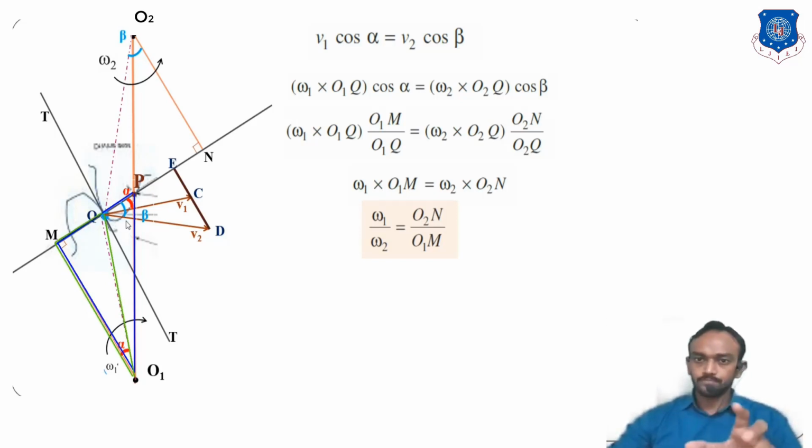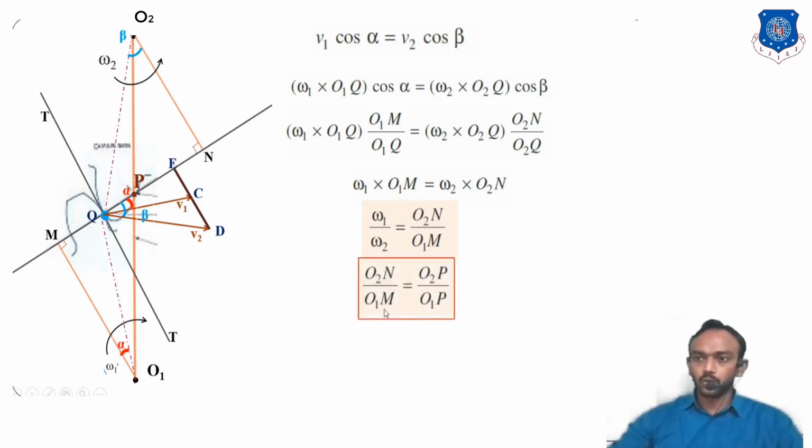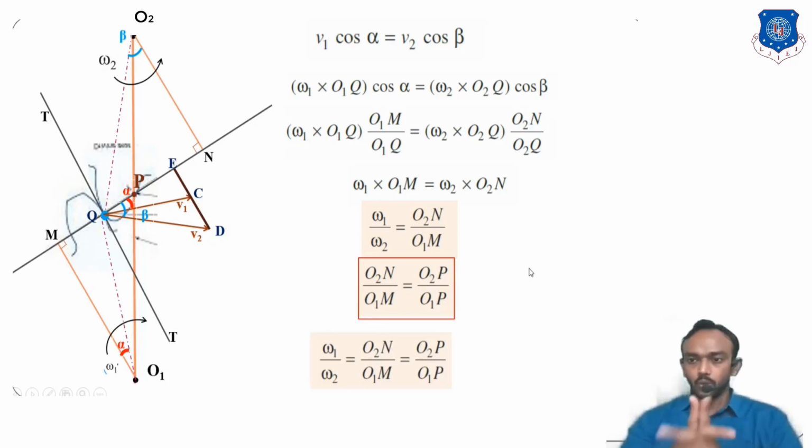As in both triangles two sides are common, by the similar triangle rule you can say that O2N upon O1M is equal to O2P upon O1P. So you have derived the final statement: O1 upon O2 is equal to O2N upon O1M is equal to O2P upon O1P.